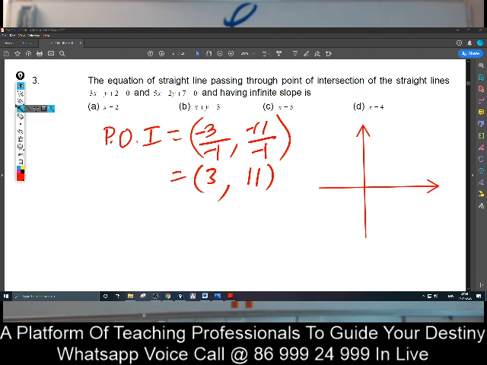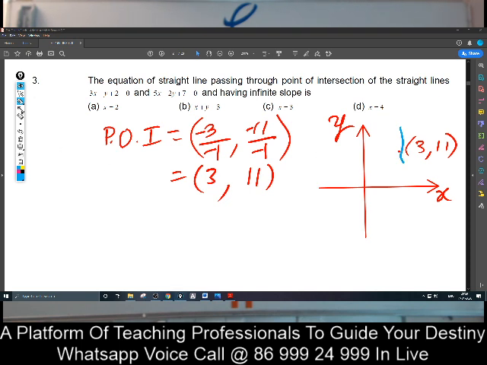This is x, this is y, and we need the line having infinite slope, and the point we have got is (3, 11). That means I need a vertical line.